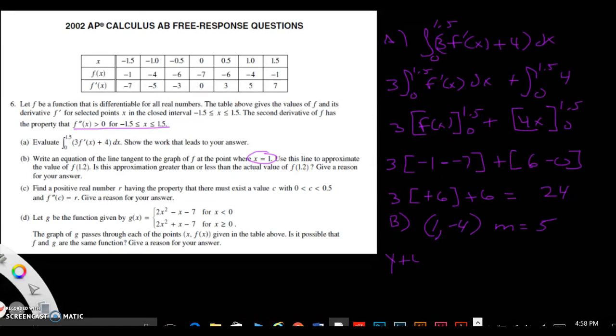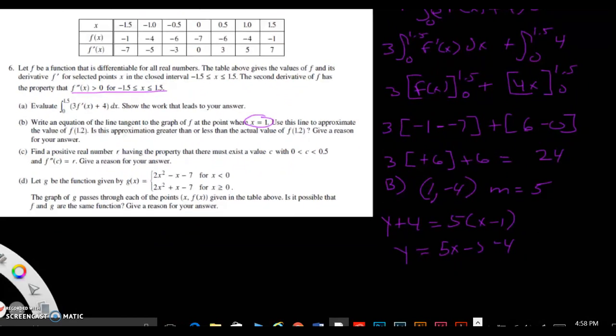So it's y plus 4 equals 5 times x minus 1, which is going to be y equals 5x minus 5 minus 4. So now we're going to get y equals 5x minus 9, and now we're going to plug in x equals 1.2. So now we're going to get 6 minus 9, which equals negative 3.